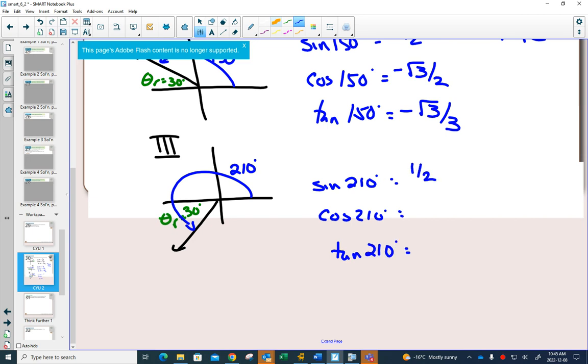And they're going to equal the exact same things as the regular value, but some of them are positive and some of them are negative. In quadrant 3, according to our cast rule, tan is positive, so the sine and the cos will be negative. That equal sign looks very little.